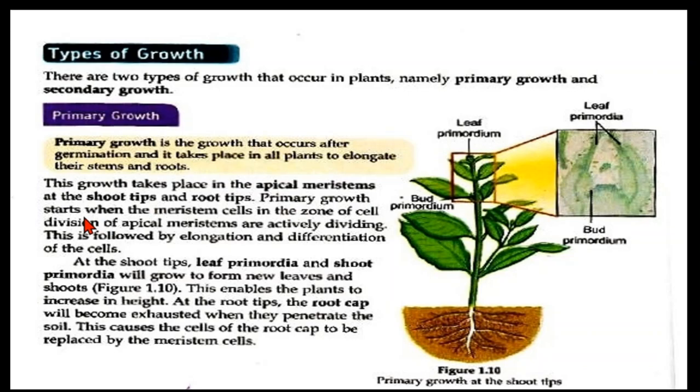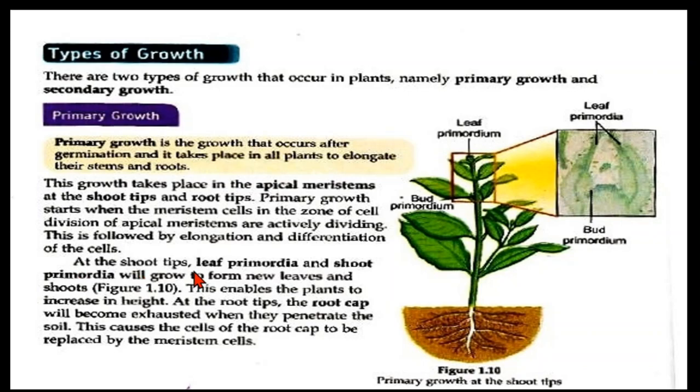Primary growth starts when the meristem cells in the zone of cell division of apical meristems are actively dividing. Okay, it starts at the zone of cell division. Still remember where the zone of cell division is. And then followed by elongation and differentiation. So all three zones involve primary growth of plants.